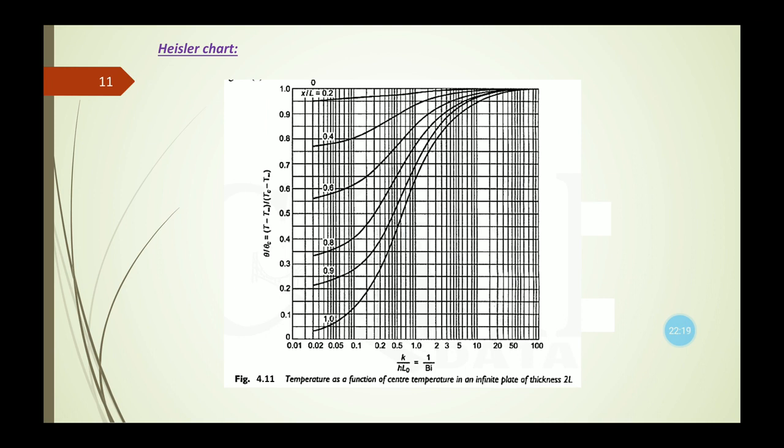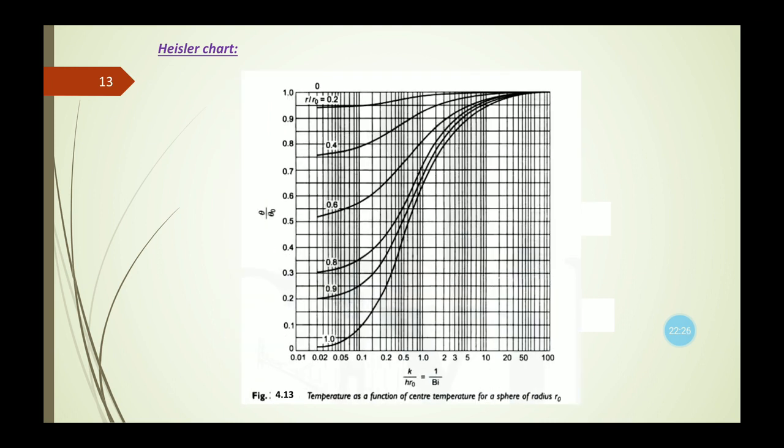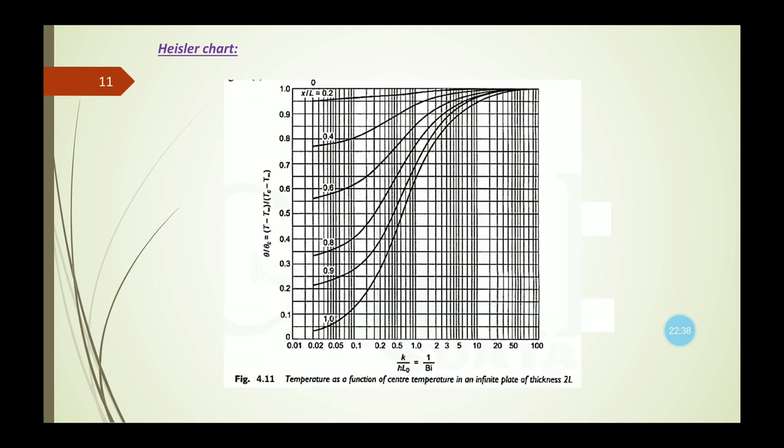A similar type of chart is there in case of a cylinder and in case of a sphere. So again, all these 6 different Heisler charts will be useful to us, and we will use all these charts while solving the different numericals.